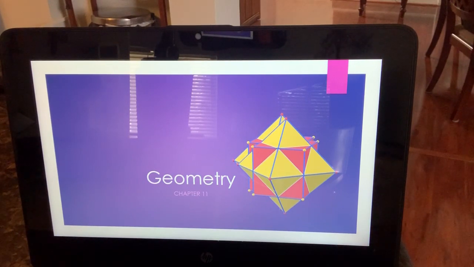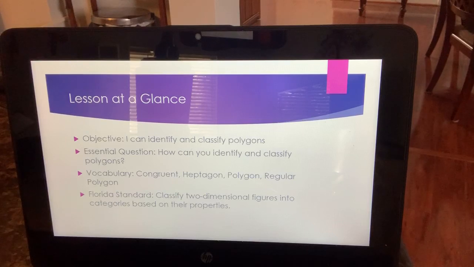For the first part, I want to talk to you about how can we identify and classify polygons? And the question that I want you to be asking yourself is, how can I identify and classify a polygon?